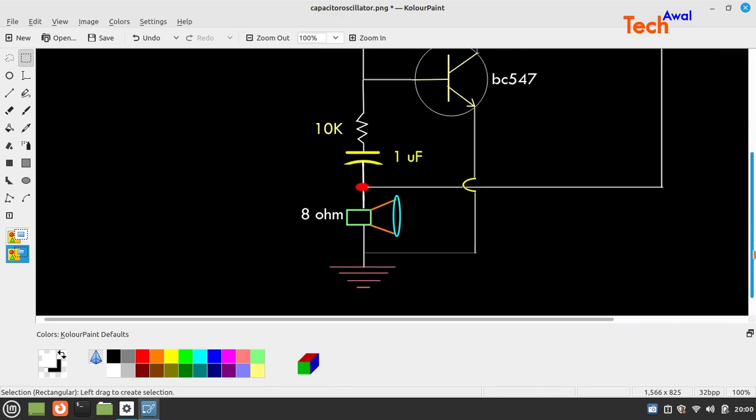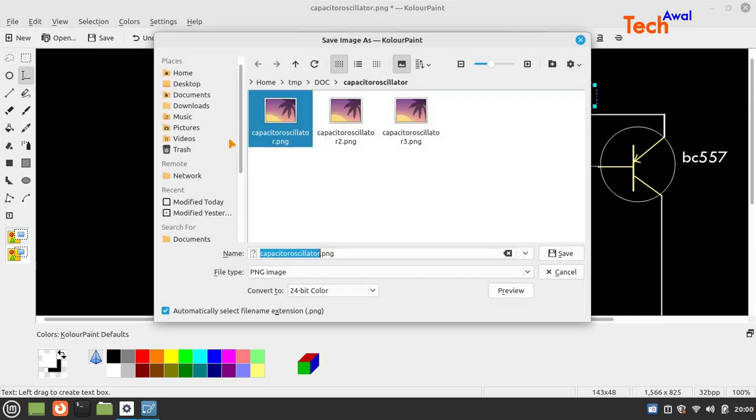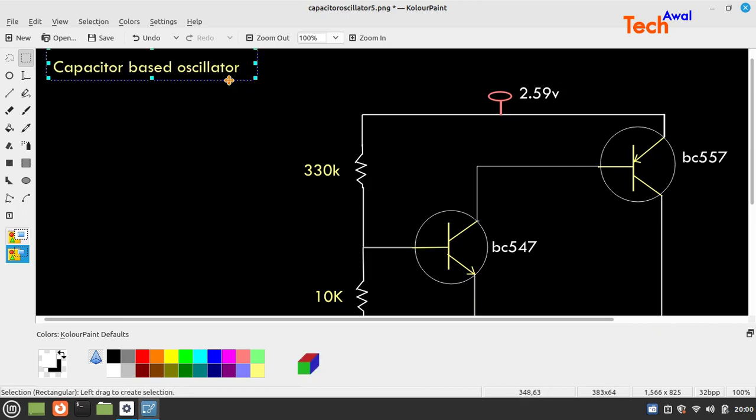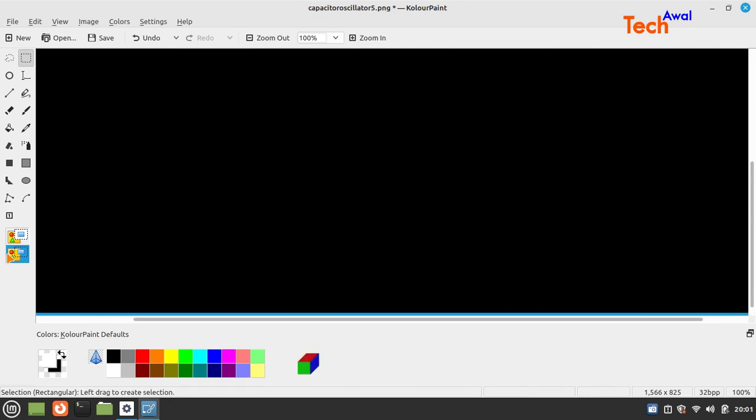And instead of 3 volt, I couldn't arrange it, so I got 2.59 volt in actual sense. So this is what we'll see in the lab.